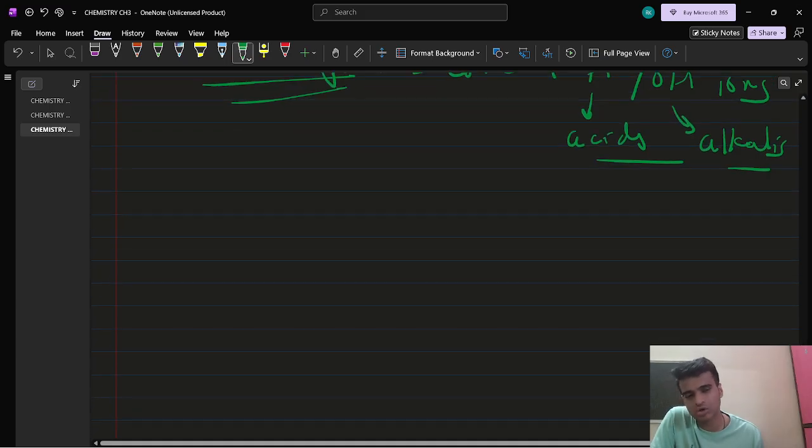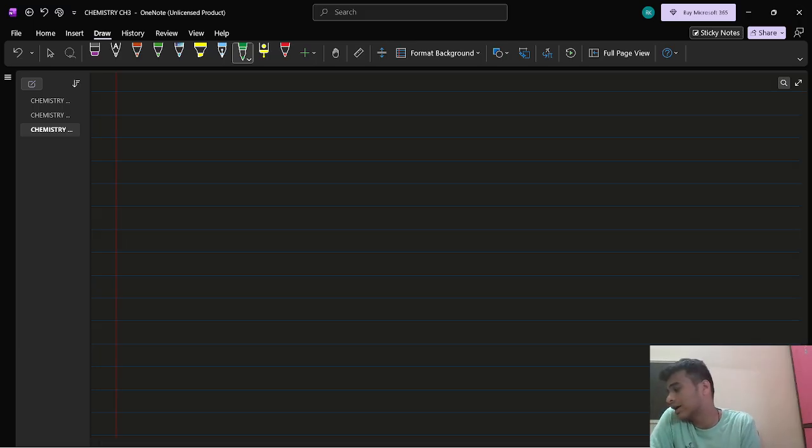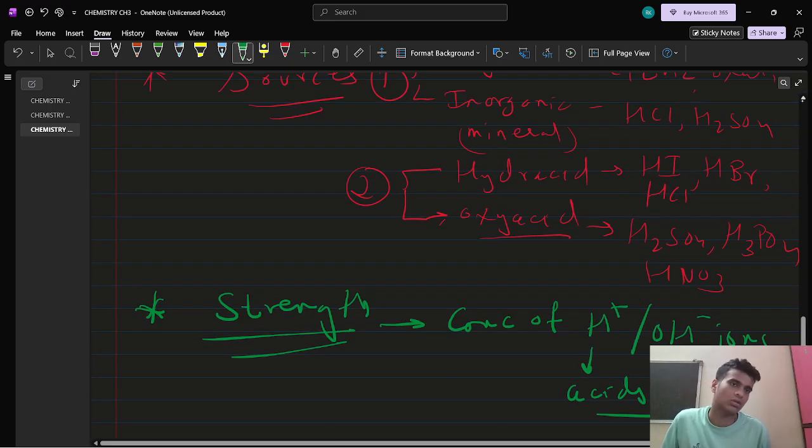Remember this now, there is no point explaining or writing. This is just memorization. A strong acid is an acid which almost completely dissociates in aqueous solution, producing a high concentration. They have given it in bold for a reason, because it is important. That is the main thing: the high concentration of H plus or OH minus ions.